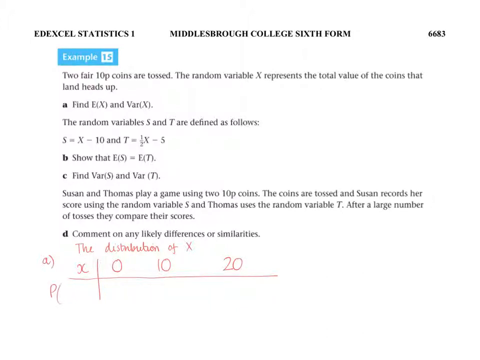So that's the probability of these happening. So that would be a quarter. We've done that before, but thinking about your sample space. That would be a half, and 2 heads would be a quarter.